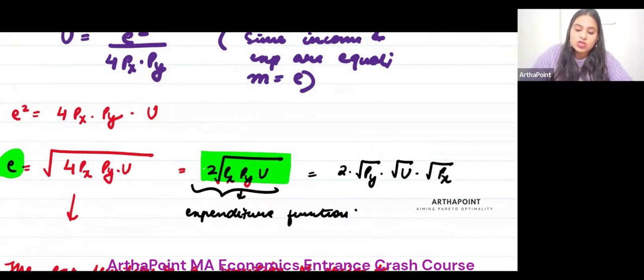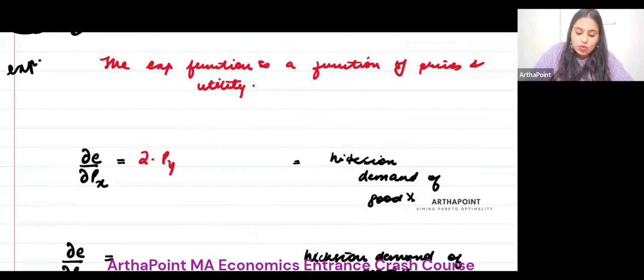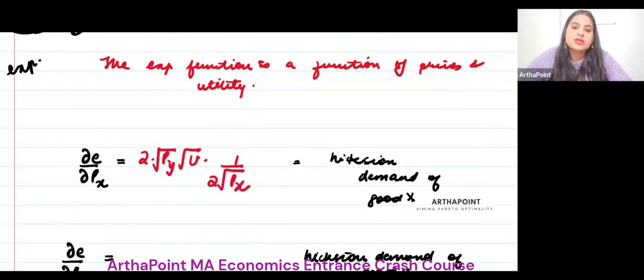इसको just open किया है. This is constant. This is constant. And differentiation of root px will be 1 by 2 root px. So I will get 2 root py root u and uska differentiation ho jayega 1 by 2 root px. All of you should know differentiation of root x is 1 by 2 root x.